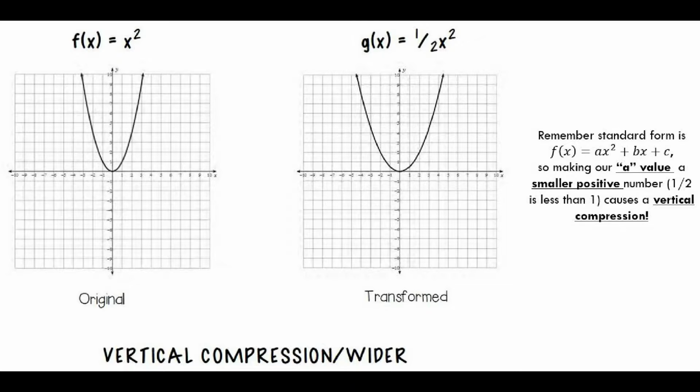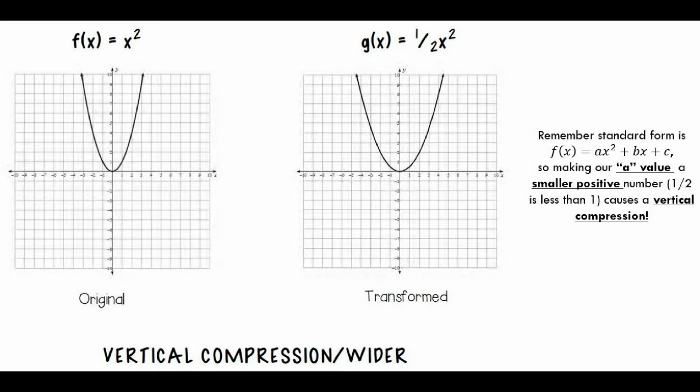Keep in mind, I still want it to be a positive number though, because if it was negative, that would cause a reflection. I'm not trying to reflect it, I'm just trying to make the graph wider. If our original was something like 2x squared, changing it to just x squared or 1x squared would also make it wider, or make a vertical compression. So if you're still writing, go ahead and pause the video.